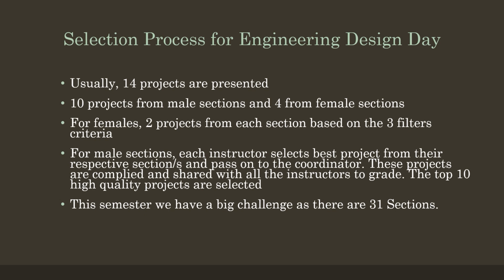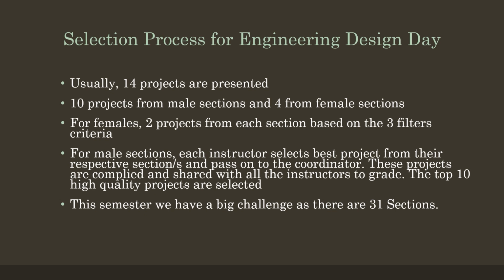So just presenting one means we are not giving priority to the projects which are really demonstrable. To avoid that, we follow a rule where an instructor can give us as many projects as possible. If an instructor thinks that 2 projects of one section should go to the next level of competition, they will just forward them to the coordinator.